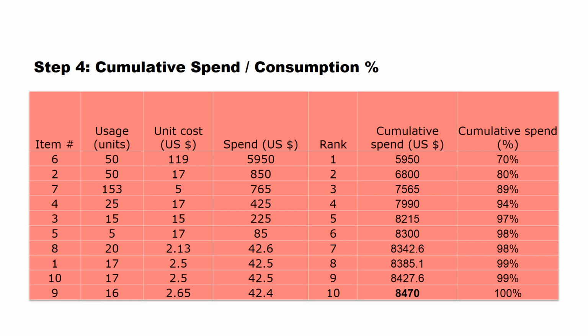For instance, dividing the cumulative spend of the first item, which is $5,950, by the total spend, we get 70% for the cumulative spend in percentage for the first item.